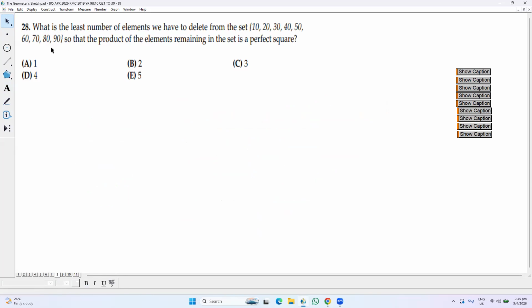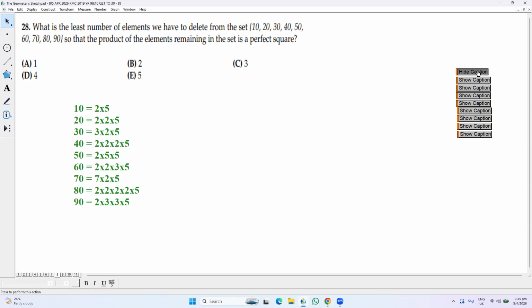So we want to delete as little as possible, the least number of elements, so that the product is a perfect square. So then we know a perfect square must have an even number of prime factors.